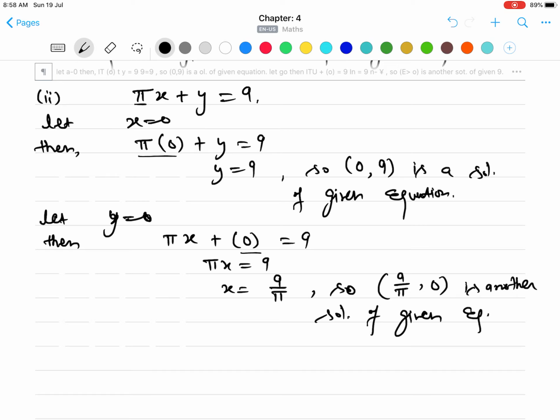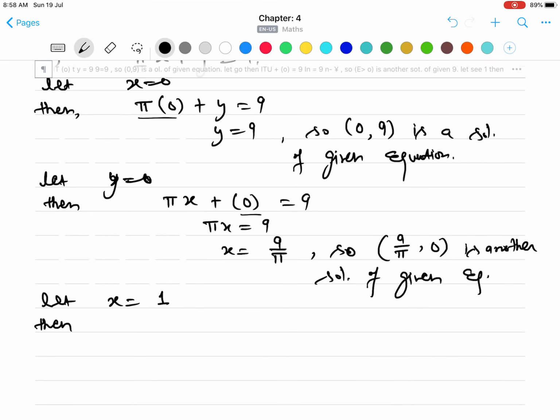Okay, so we have got the two solutions. First is 0, 9, second is 9 by pi and 0. Now let's take another value for x. Let x equal, this time let's take 1. Then our equation will become pi x, so in place of x we'll write 1, plus y equals 9. So this pi into 1 will be pi, so we'll write this y on this side.